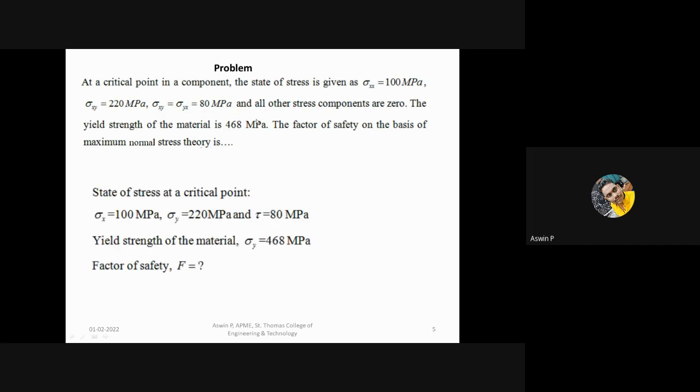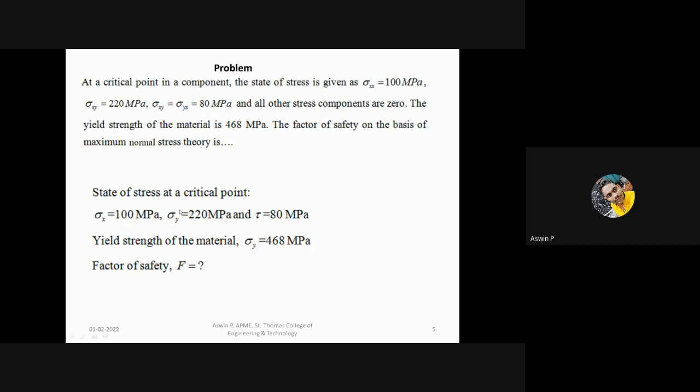And you have to write the given data from the question. When you are writing the given data, sigma xx can be taken as sigma x itself, that is 100 megapascal. Sigma y can be taken as 220 megapascal. And tau can be taken as 80 megapascal. Actually, this is tau xy. Yield strength is given as 468. If you mark it as sigma y, there will be a chance of error.